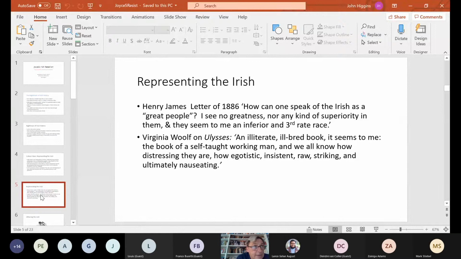And it doesn't only infect politicians and ordinary people, but also the great artists of the period.